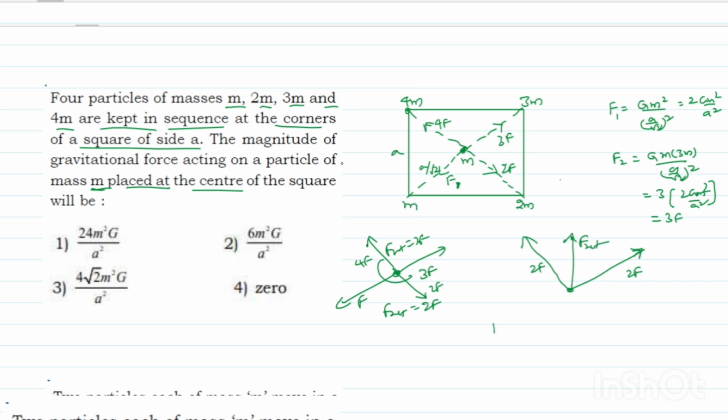So F net you can write it as, here this is 2F and 2F, and this is at the midpoint, so this side length will be the same, and these two are making an angle of 90 degrees.